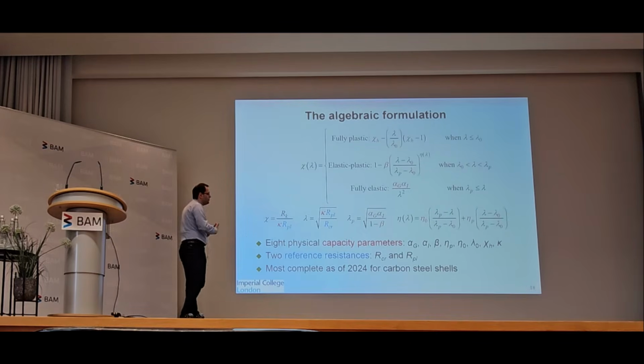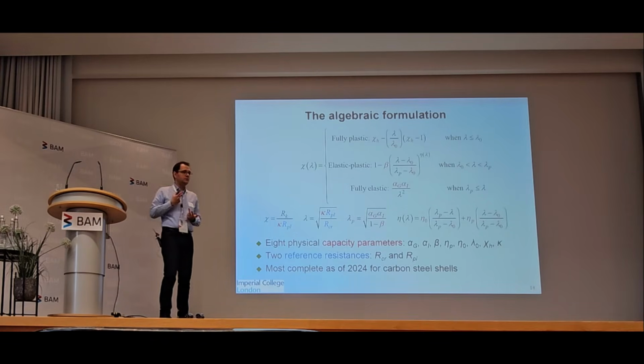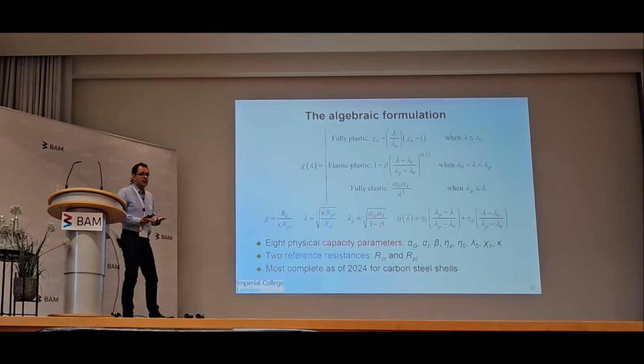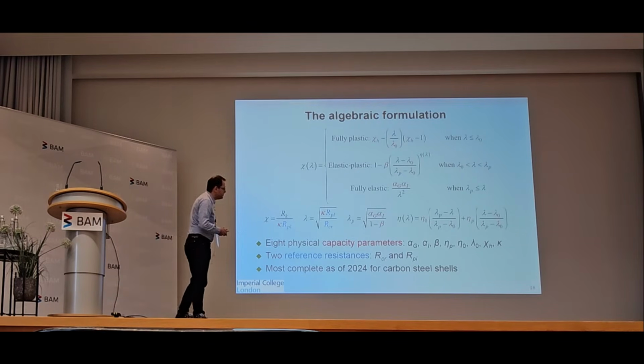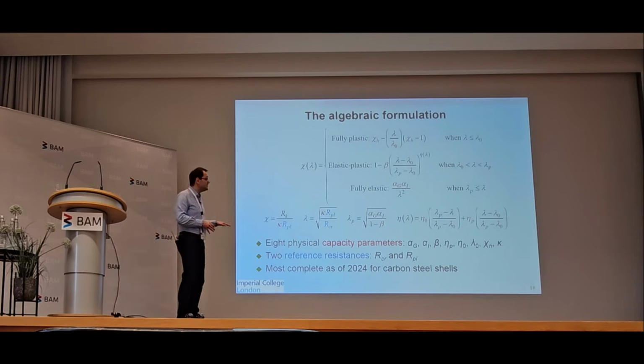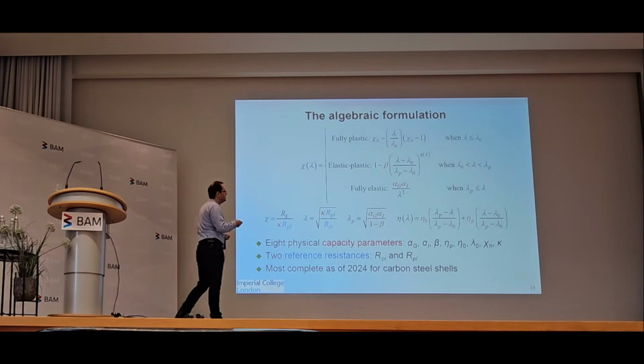So a cylinder under uniform axial compression will have its own set of capacity parameters, a cylinder under bending its own, cylinders under torsion, under uniform external pressure, and also spherical shells under uniform external pressure. All of them have their capacity parameters that represent that system and that give you this full relationship.